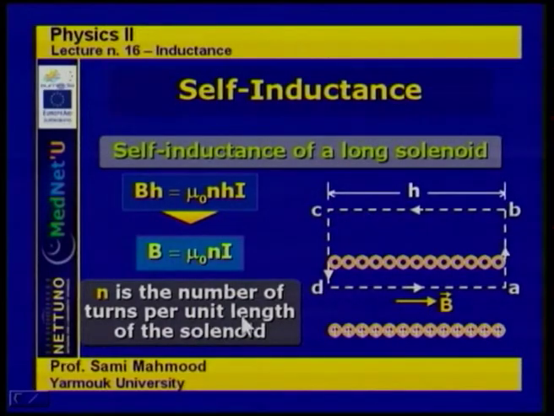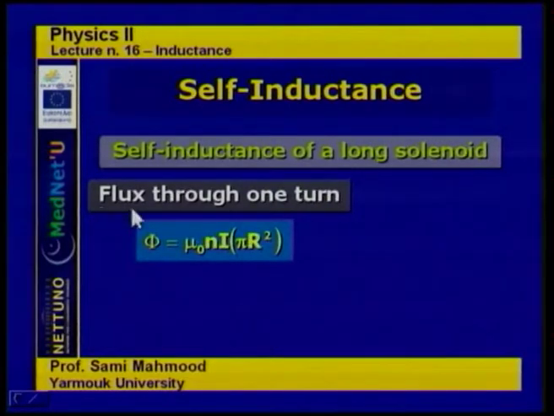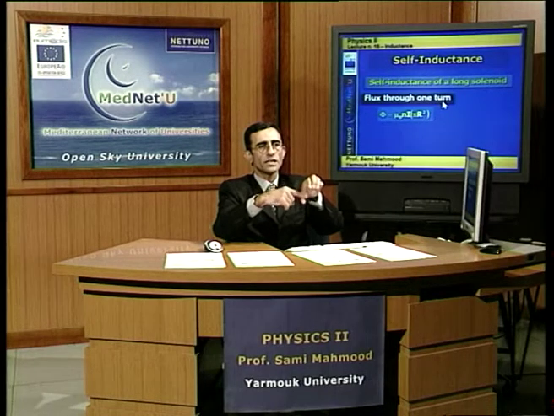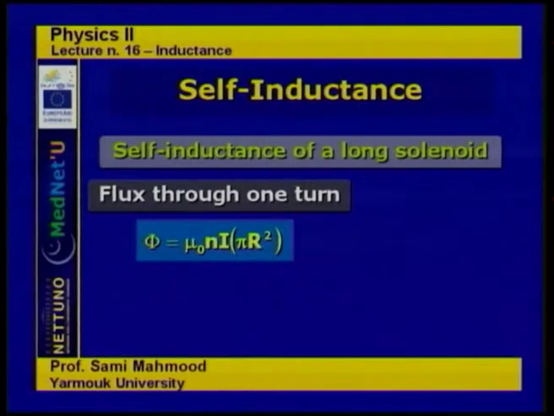As we mentioned, this is the definition of small n, which is characteristic of the solenoid. And now the flux through one turn of the solenoid is simply, now that we have evaluated the magnetic field, and we assume that the magnetic field inside the solenoid is uniform, we multiply this field, mu naught small n times capital I. This is the field.